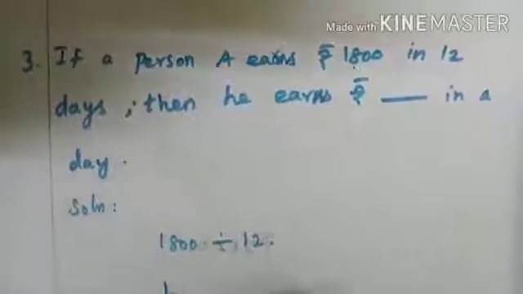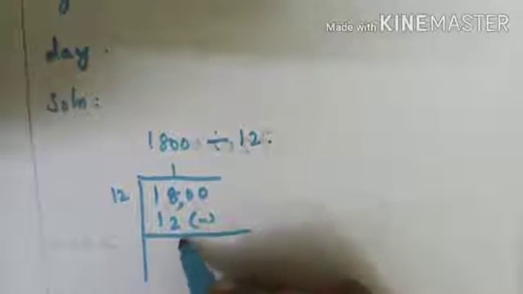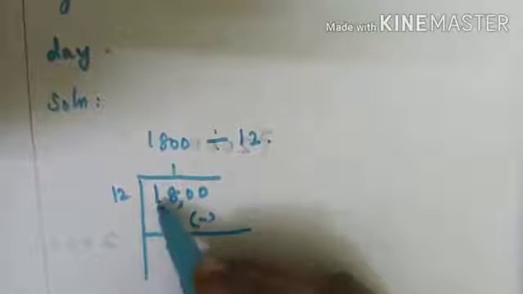So see here, 1,800 divided by 12. Now here 1 12 is 12. When we are subtracting here, 8 minus 2 is what? Yes, 6. And 1 minus 1 is 0. So you don't want to put 0.